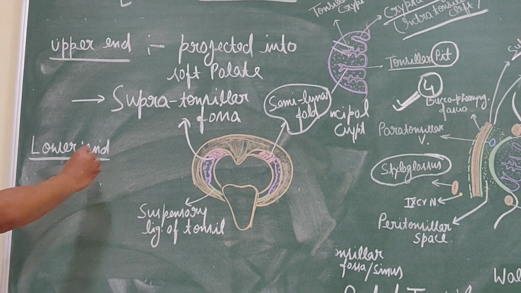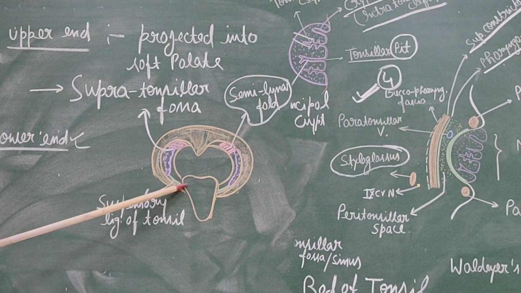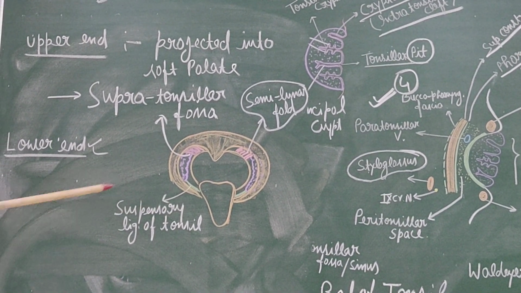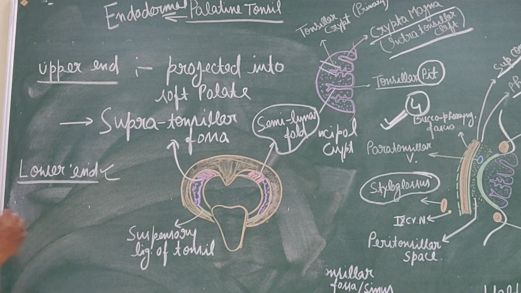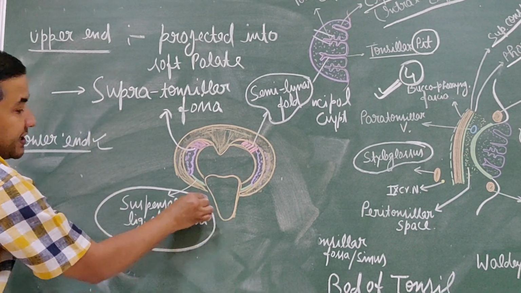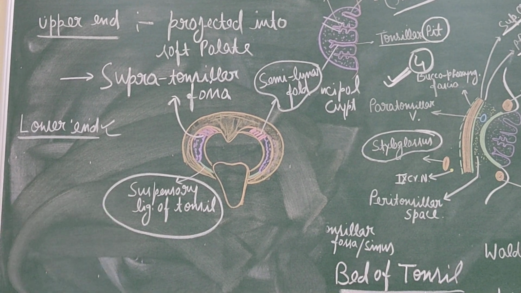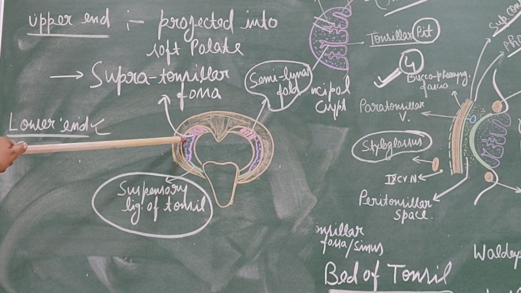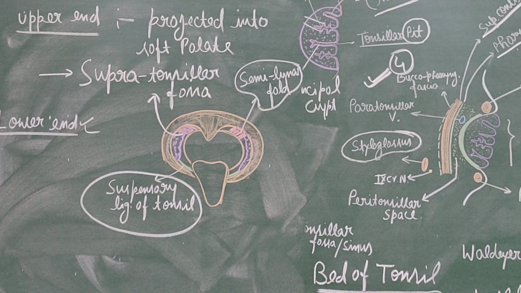Now the lower end of the tonsil is projected towards the base of the tongue, and the lower end is connected to the tongue by a fibrous band that is known as the suspensory ligament of the tonsil. This suspensory ligament is one of the factors that keep the tonsil in position.